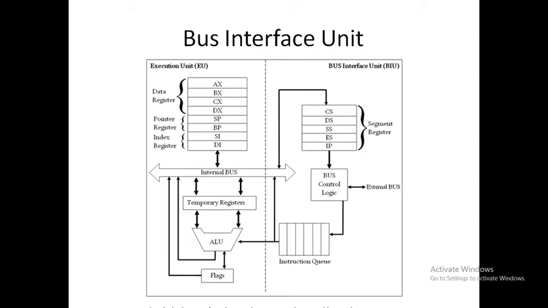There are four types of segment registers: CS, the code segment register; DS, the data segment register; SS, the stack segment register; and ES, the extra segment register. And last, the instruction pointer.